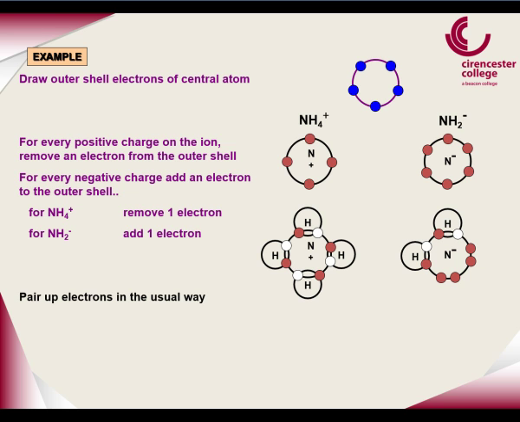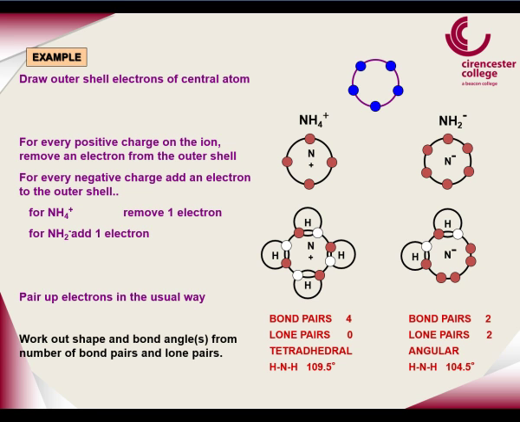So in total you have 4 groups. So the structure that you would expect for the ammonium ion is tetrahedral, 109.5 degrees, and the structure that you would expect for the amide ion is around 104.5.